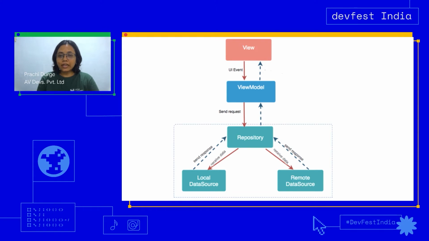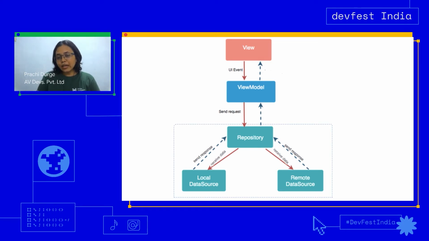View model, on the other hand, is responsible for bringing data and understanding the UI events that have been triggered by the user, such as on tap, button click, double tap, or drag and drop. So, the responsibility of bringing and making data operations goes to repository.